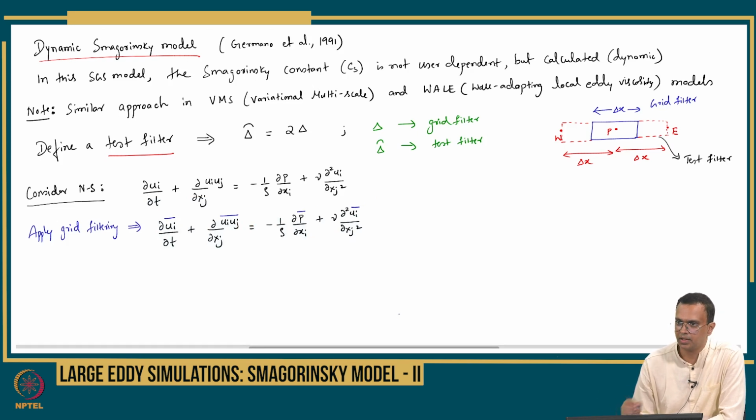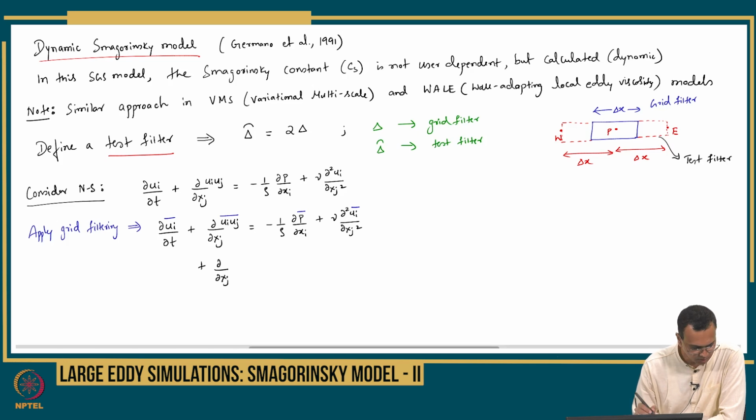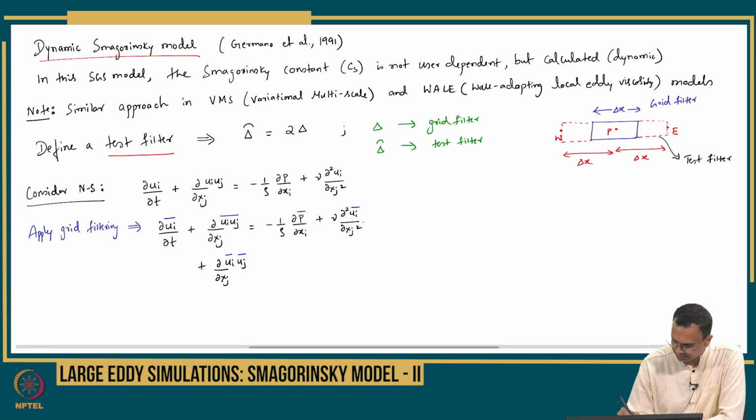This of course does not have the convective part that we already know that we added. So you can add a convective part here, that is, plus dou by dou xj of the grid-filtered ui uj, on both sides.